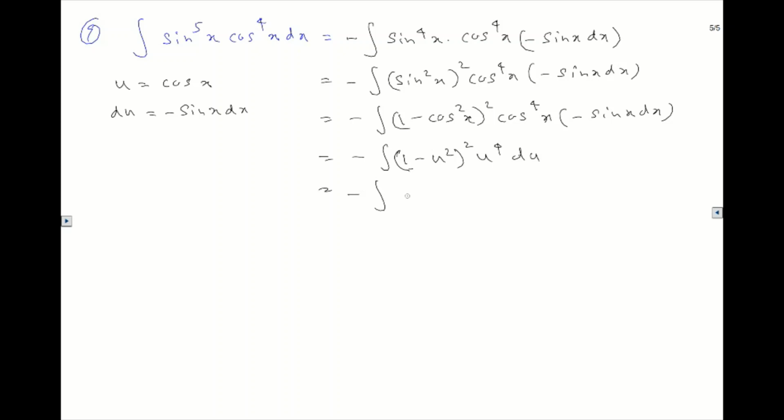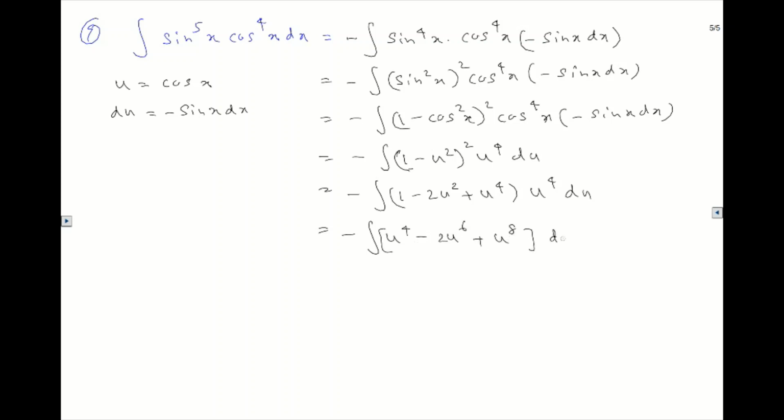So now we're going to expand this. If we expand this, this is going to be 1 minus 2u squared plus u to the 4th, times u to the 4th du, and you can leave the negative sign outside just for the moment. So you get u to the 4th minus 2u to the 6th plus u to the 8th.